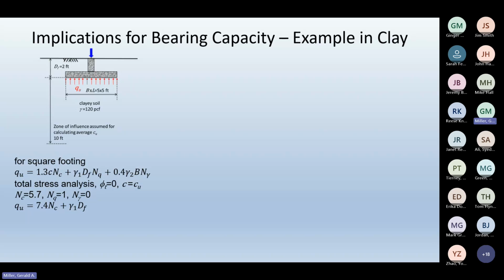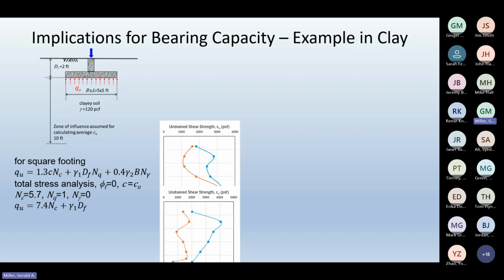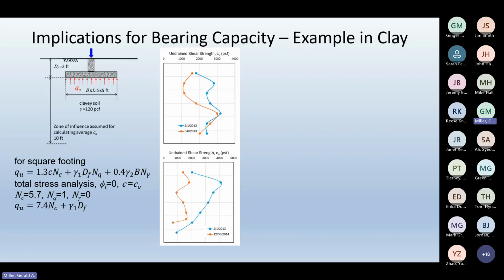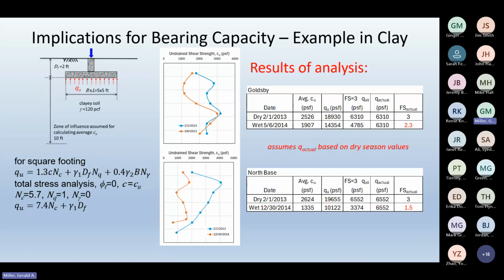And then our bearing capacity parameters are such. So the equation basically reduces to, I left out a C, it should be 7.4 CuNc plus gamma 1 Df. So that's what I'm using. And again, these are the two profiles I'm comparing. Same site, different dates. And so this is what the analysis looks like.